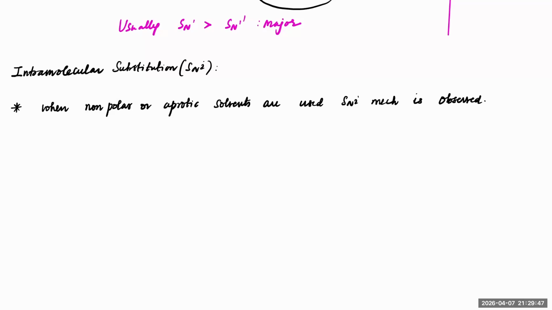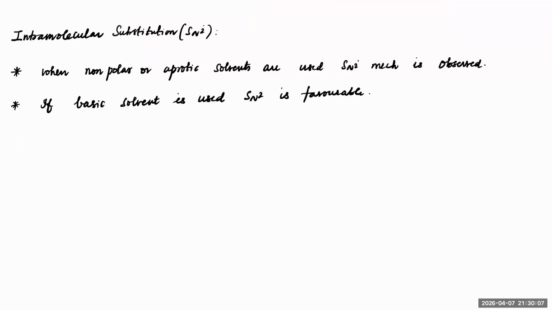And if a basic solvent is used, SN2 is favorable. That means it will compete with SN2, and this is what will happen.